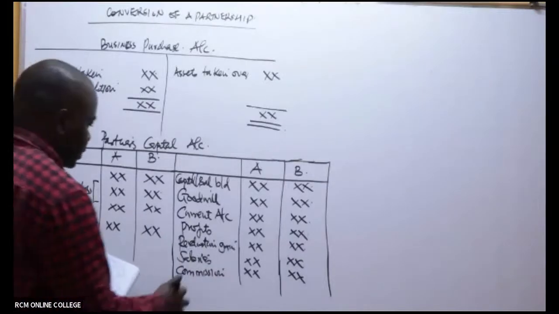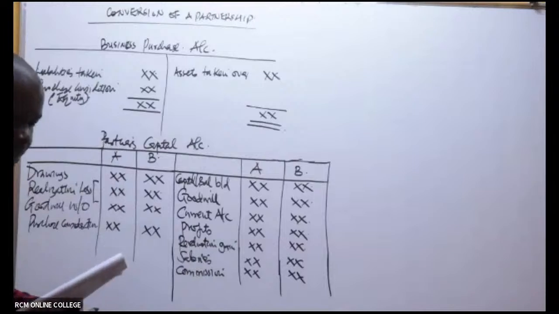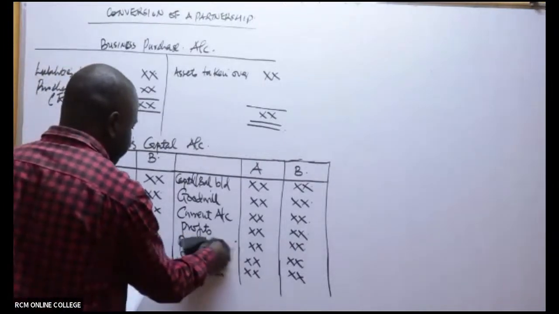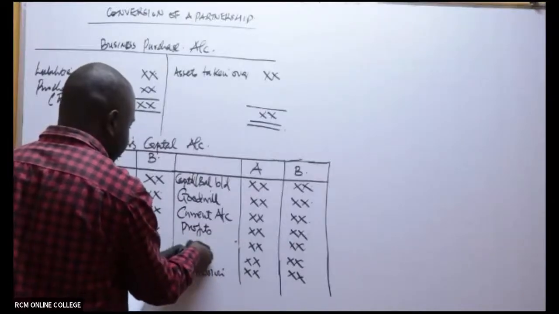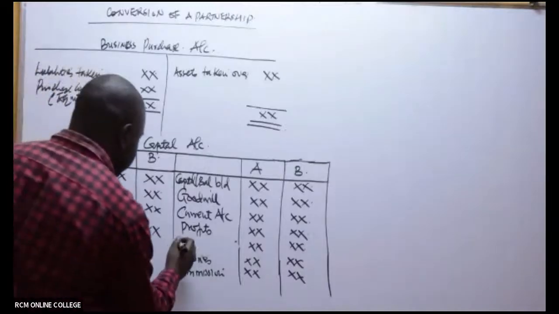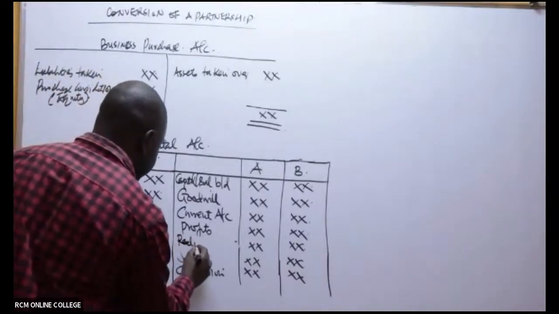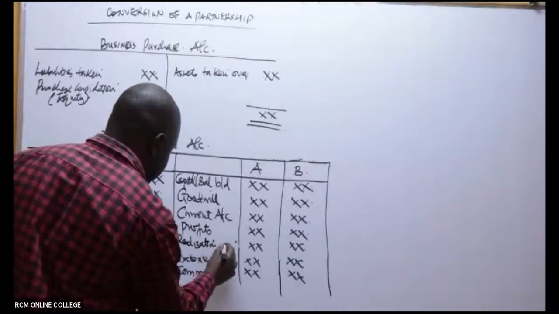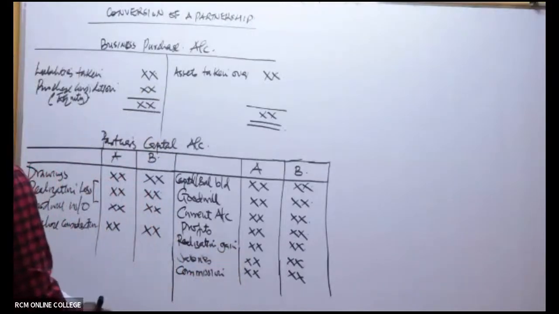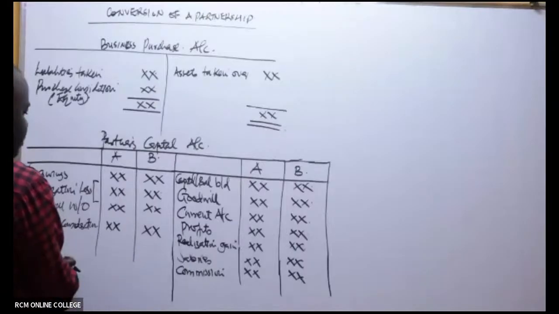So in fact, this one is supposed to be realization gain. This will be the balancing figure if this particular side is more than this side.